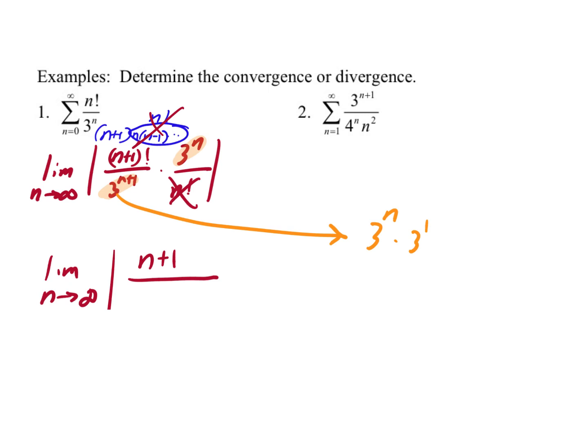Agreed? Because the bases are the same, we add the exponents. Why is that helpful? Well, then we can see that it's just goodbye, and I just have a 3 on the bottom.